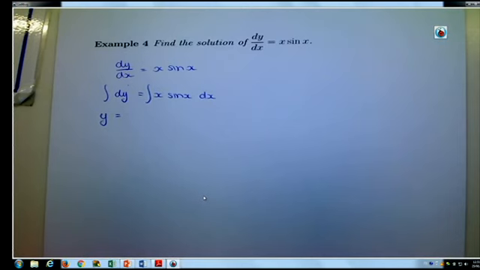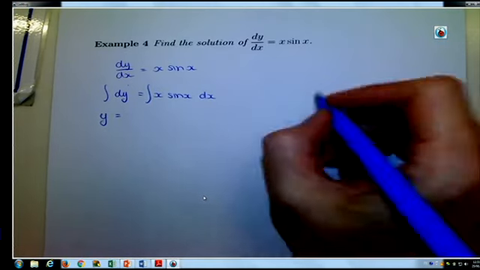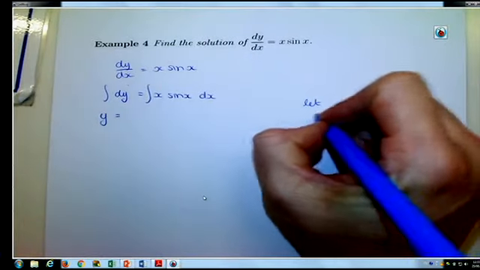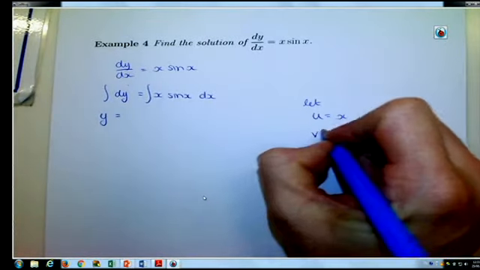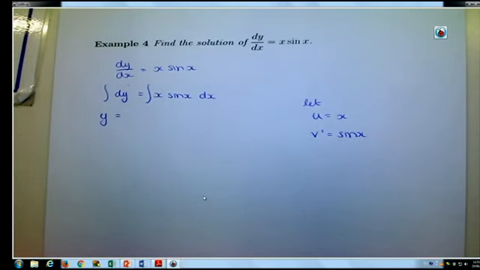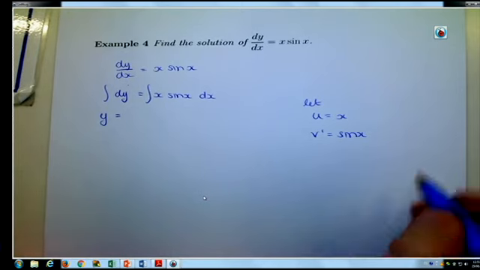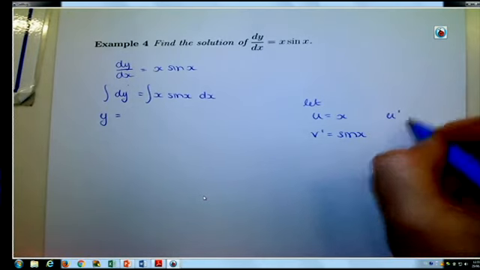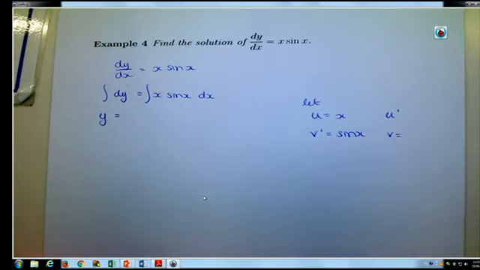Okay, that's how I'm going to choose them, and I will tell you why in a moment. After you've chosen them, you need to calculate u primed and you need to calculate v. That's because on this side of the equation we need to use a v and we need to use a u primed.